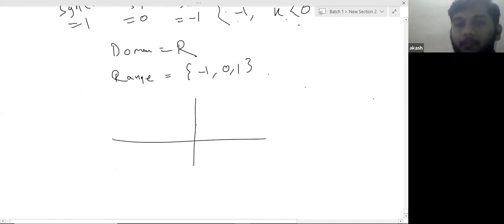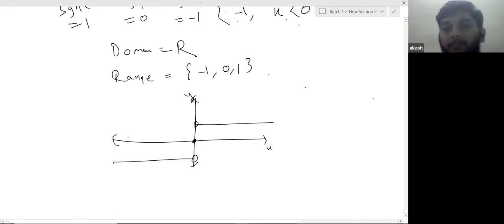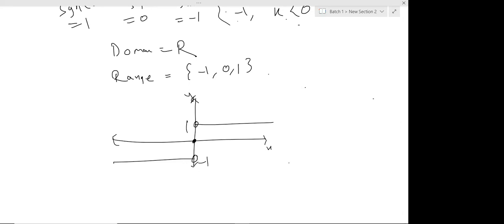When x is positive, this will be 1, but open bracket here at x equals 0. At 0 it is 0, and minus 1 when x is negative. This graph is clear. Very easy graph. This is 1, this is minus 1.